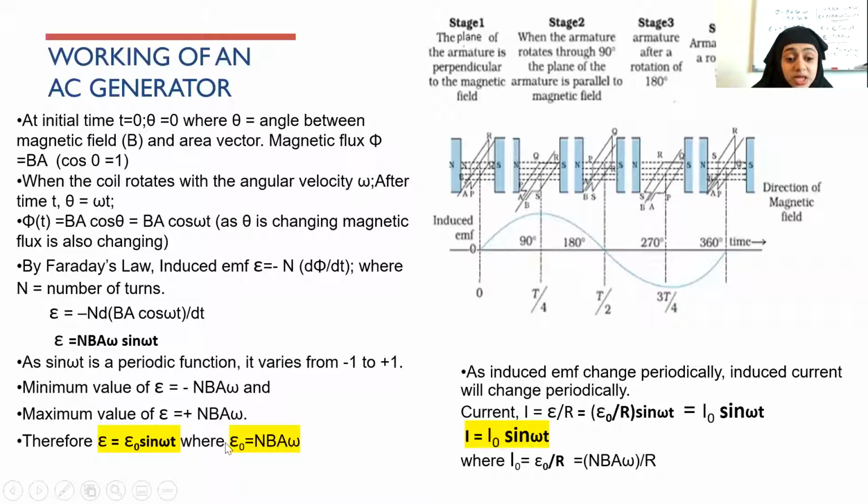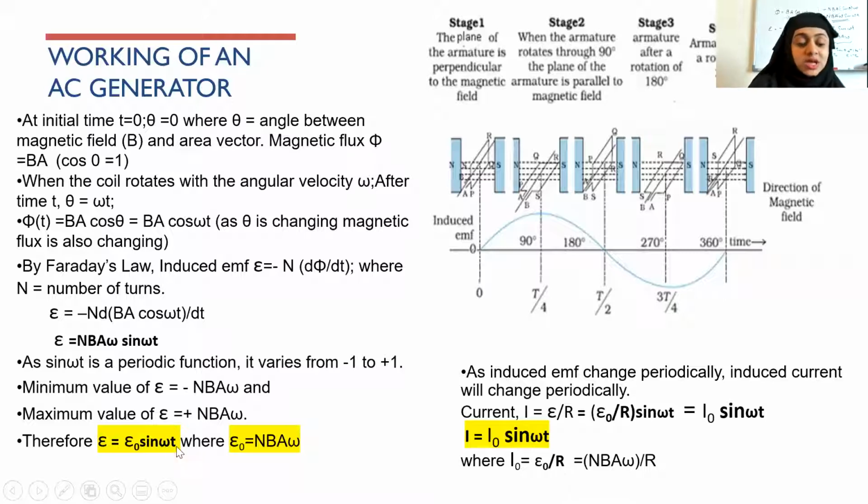And this E naught, that is the maximum and minimum value of EMF, is called the peak values. So it goes up to a maximum of E naught and comes to a minimum of minus E naught. So these two values are called the peak values of EMF or peak values of voltage. Similarly, you can get the peak value of current by peak value of EMF divided by R resistance.